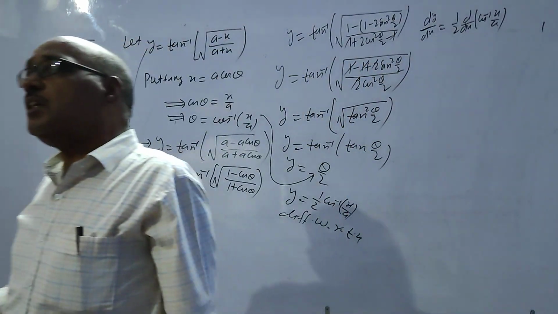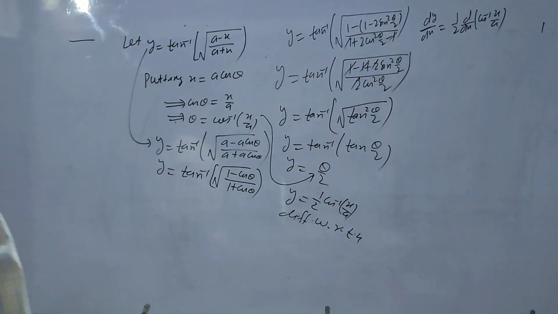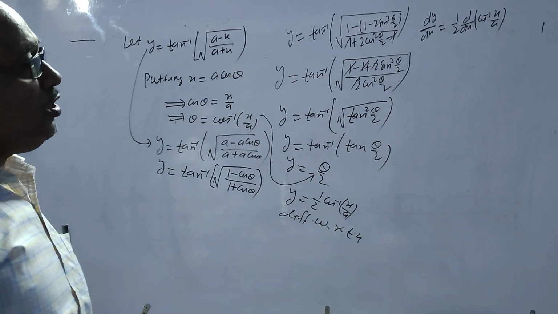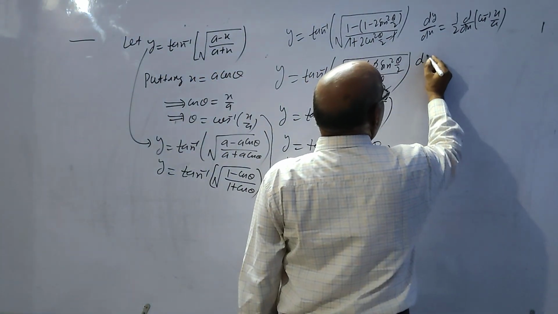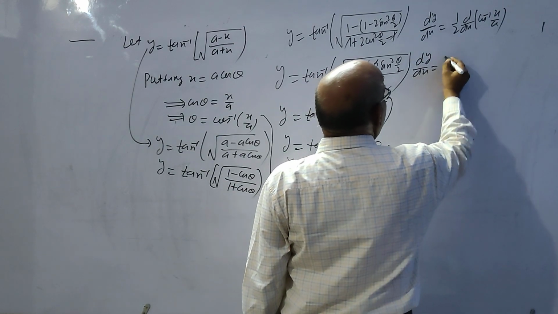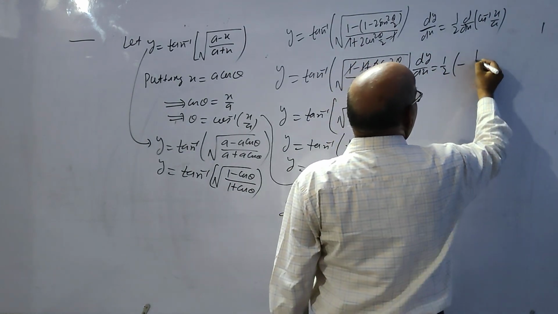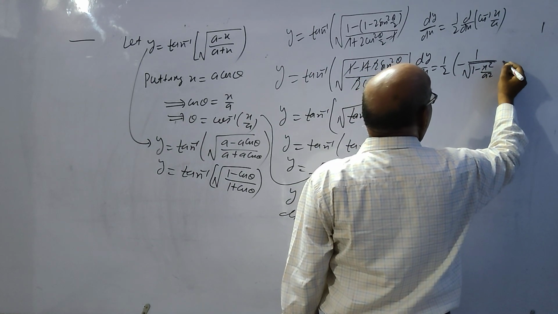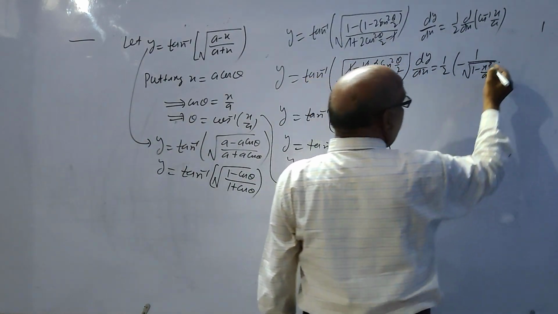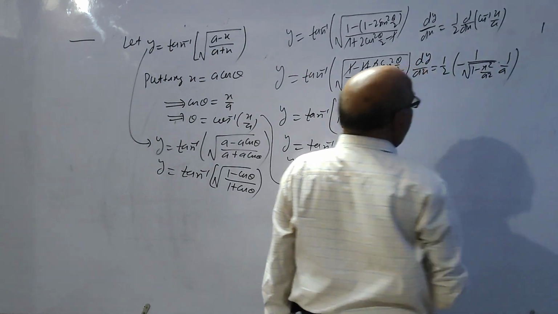Now what is the differentiation of cos inverse x, son? That is minus 1 upon under root 1 minus x square. Now in place of x it is x upon a, and therefore dy over dx is equal to 1 by 2 times minus 1 upon under root 1 minus x square upon a square, and what is the differentiation of x upon a? That is 1 upon a.